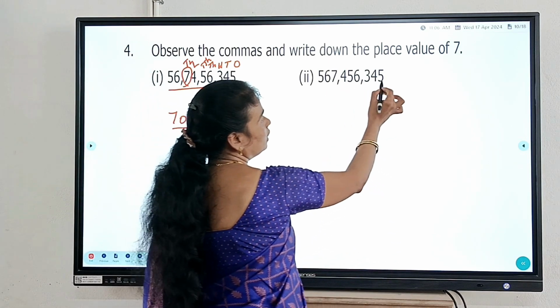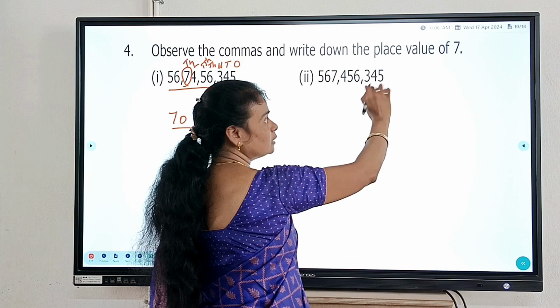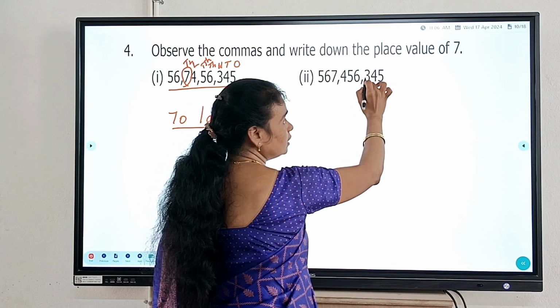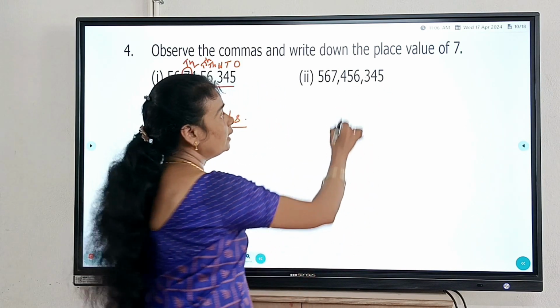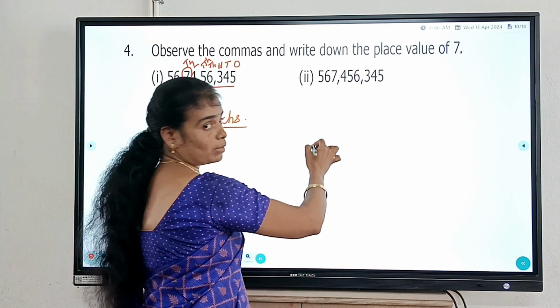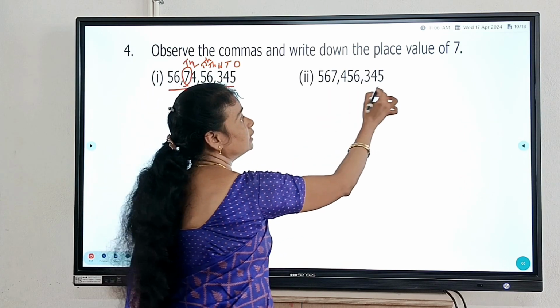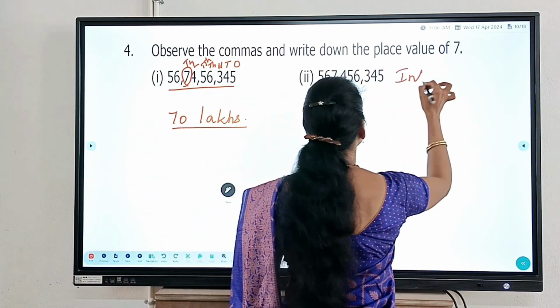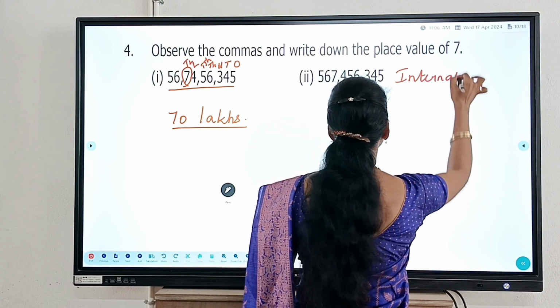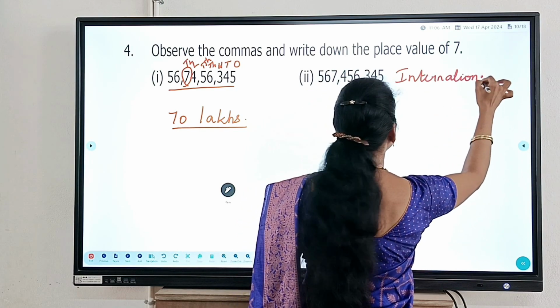The next one. Again observe the commas, where they are placed. First, after 3 digits 1 comma is placed and again after 3 digits another comma. So this comes in the international system. So in the international system of numeration, how will you write the place values?